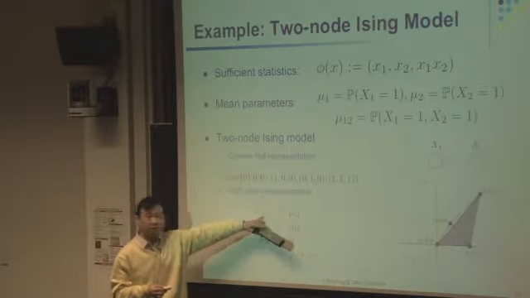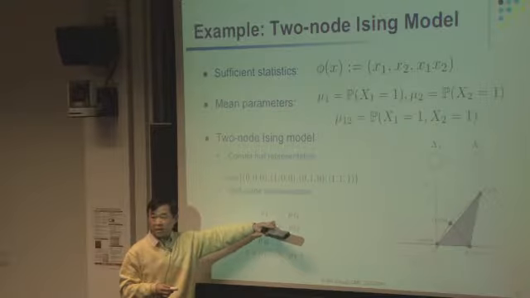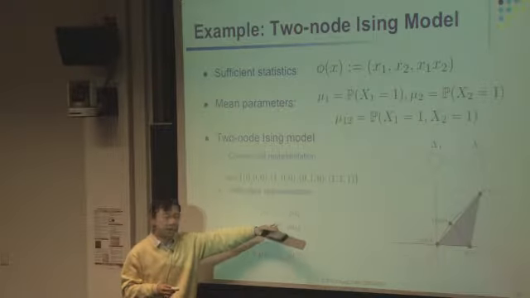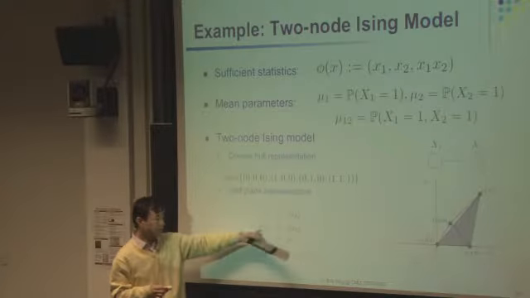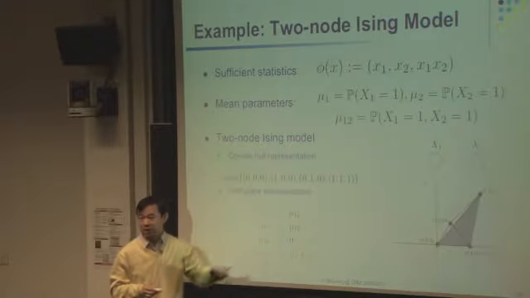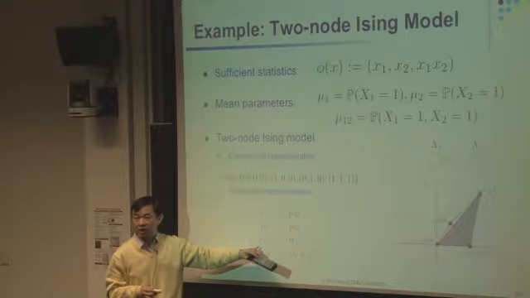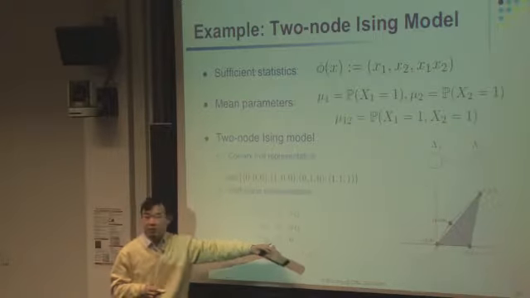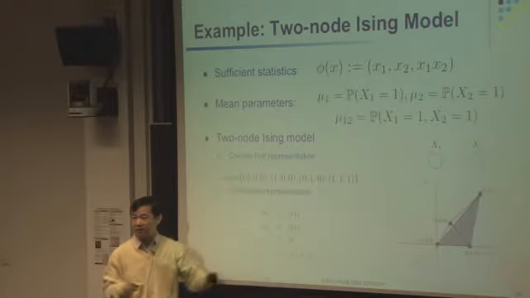For example, the marginal probability of x1 being on must be bigger than the joint probability of x1 being on and x2 being on. And the same thing, the marginal of x2 is bigger than the joint of 1 and 2. And of course, the joint of both should be bigger than or equal to 0. That's the definition of probability.